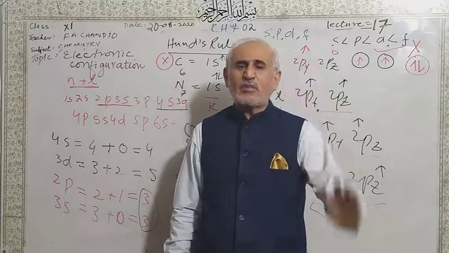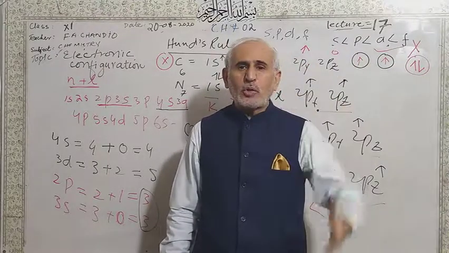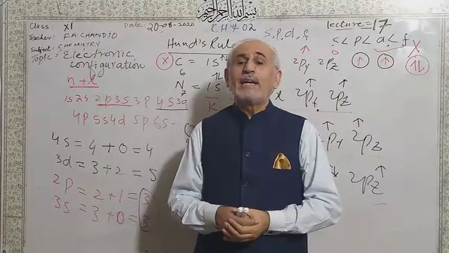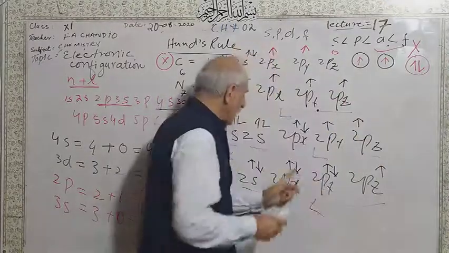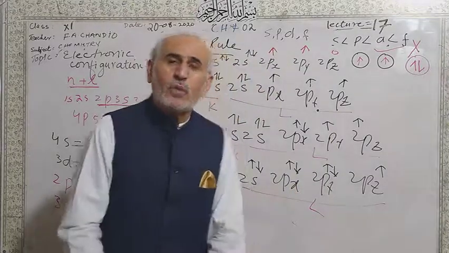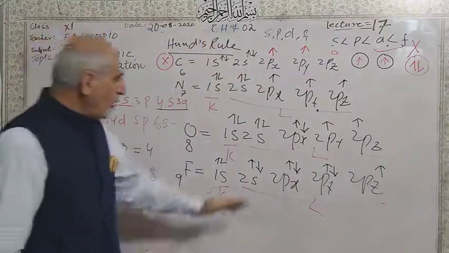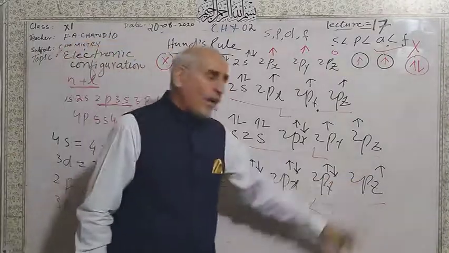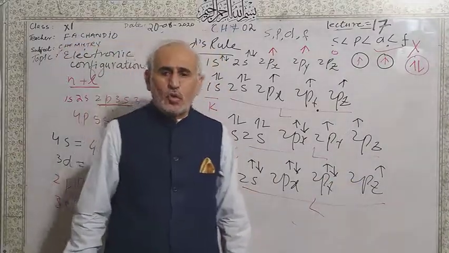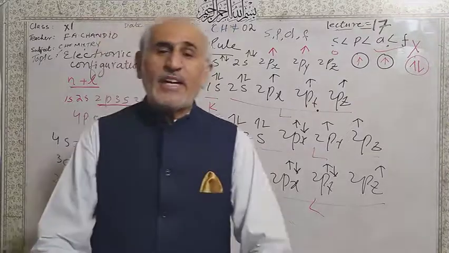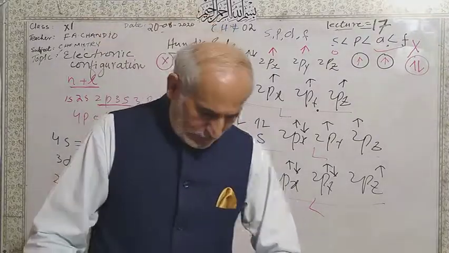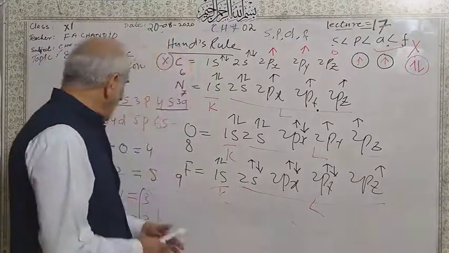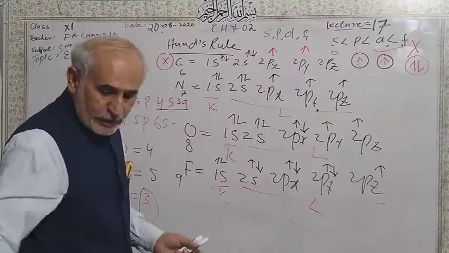Its size is the smallest in its group, so that is why it mostly shows -1. We don't say 9, no. Fluorine is monovalent with a -1 oxidation number. This is about fluorine.